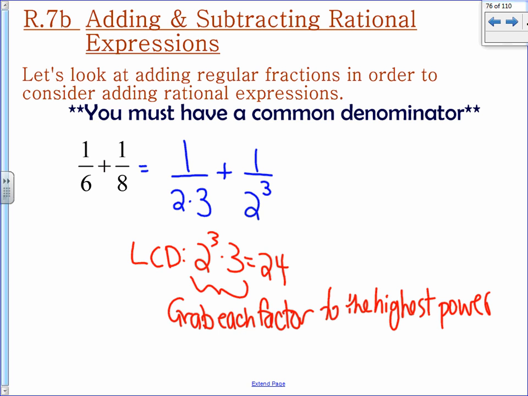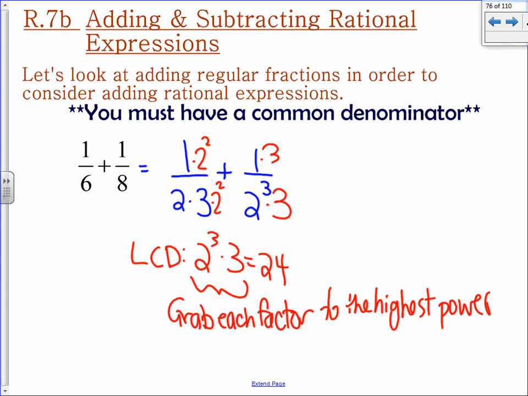And so now we know that the LCD is 2 cubed times 3. So therefore, this fraction needs a 2 squared, so it can become 2 cubed. So I'm going to multiply this side by 2 squared on top and bottom. So that can become the LCD of 2 cubed times 3. And then this one needs a 3.